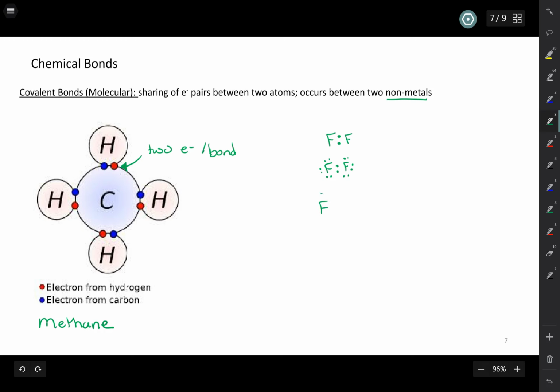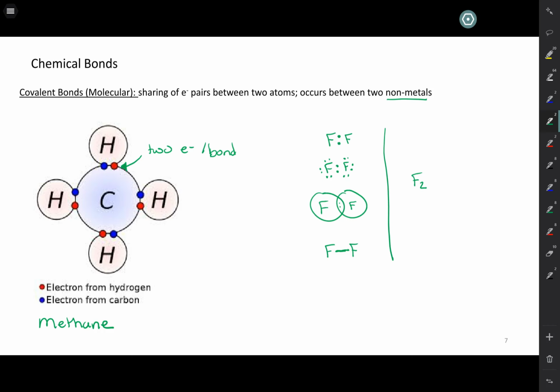You may see something that looks like this for that, with dots or no dots. And another way to write this is using just a dash to represent 2 electrons. So all of these 4 representations are simply saying this is fluorine bound to another fluorine, diatomic fluorine.